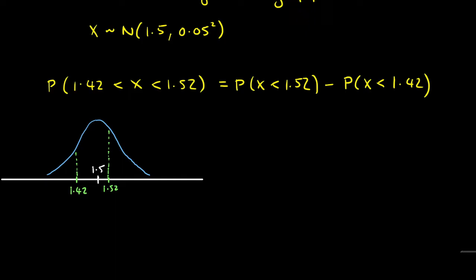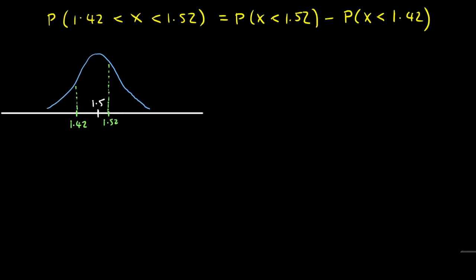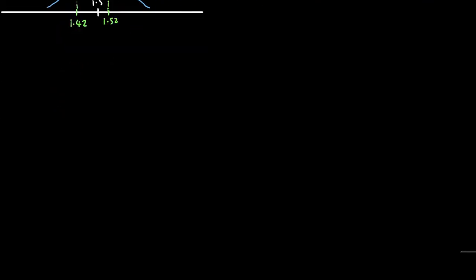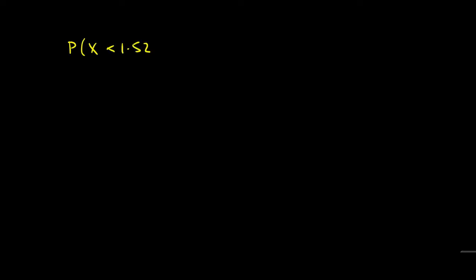So what we're going to do now is I think we just do each one individually. We're going to find the probability that x is less than 1.52. And we can convert this into the z distribution by using the formula z is equal to x minus mu upon sigma. So 1.52 is our x value minus the mean, which is 1.5, divided through by our sigma value, which was 0.05.